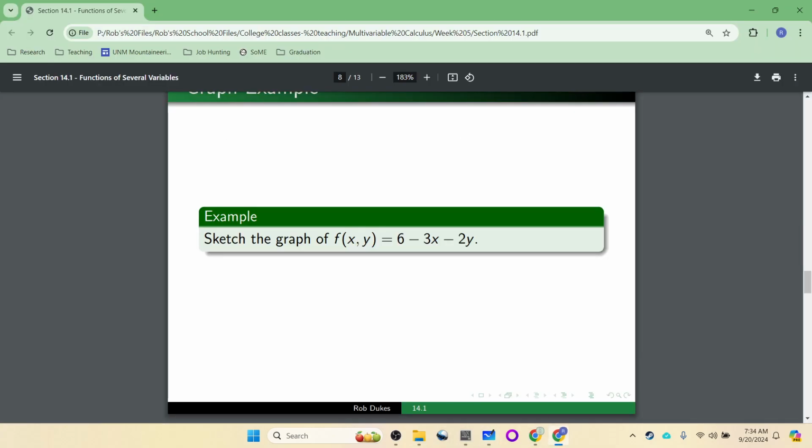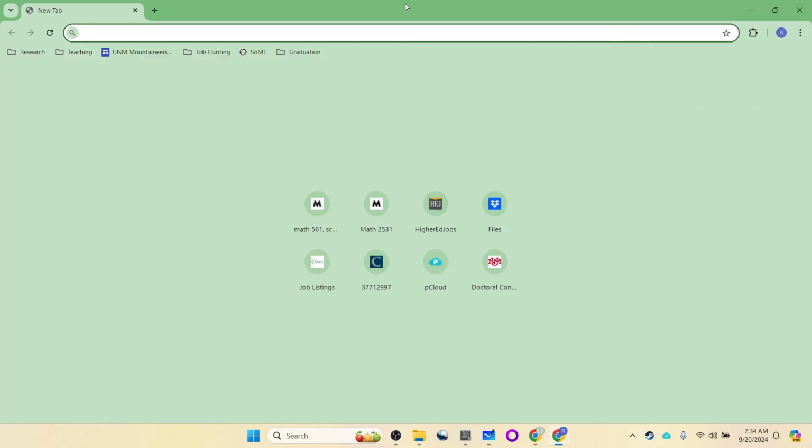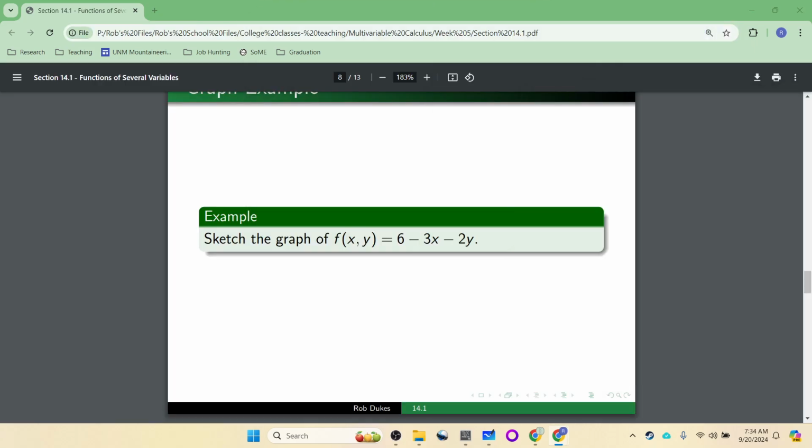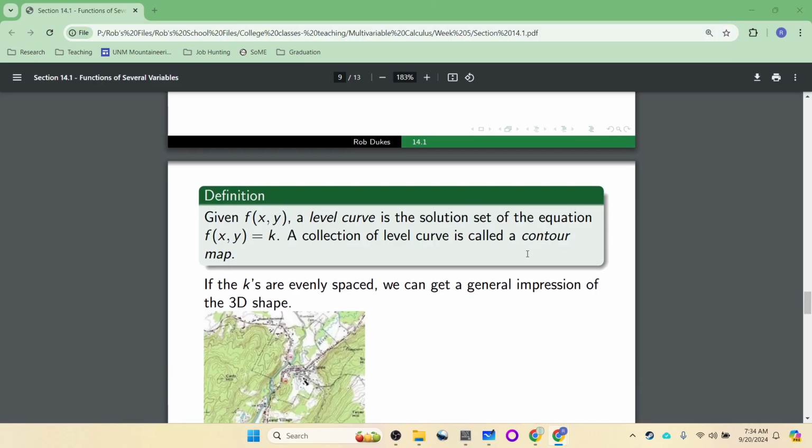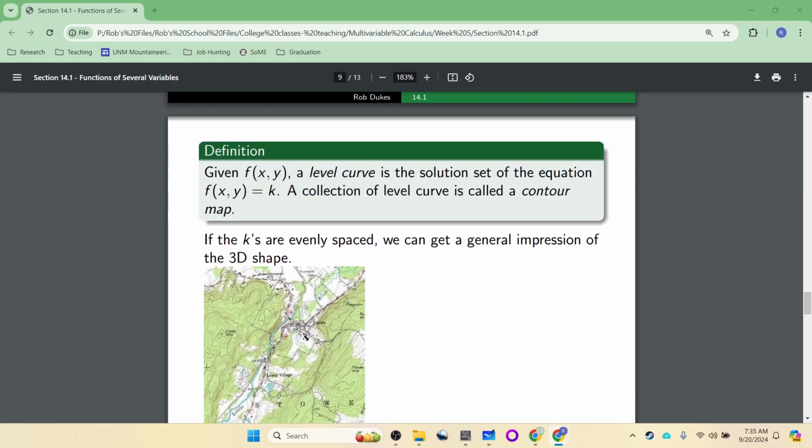We talked a little about level curves in the past. Given f is a function of x and y, a level curve is the equation f of x, y equals k. It's the solutions of that.